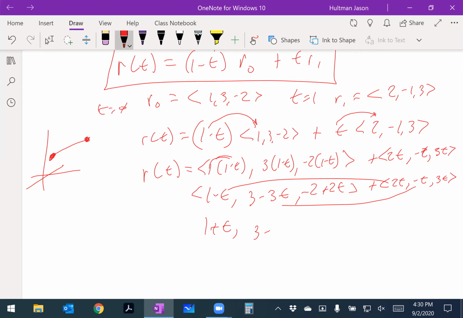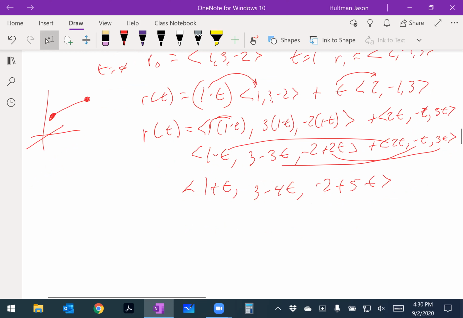Wasn't that 3 minus 4t? And what is negative 2 plus 2t plus 3t? Wasn't that negative 2 plus 5t? Yeah. So r of t is equal to this thing.